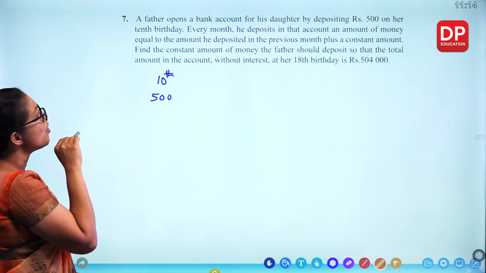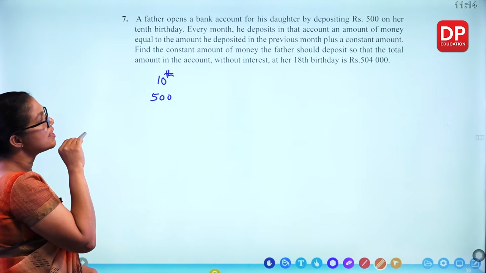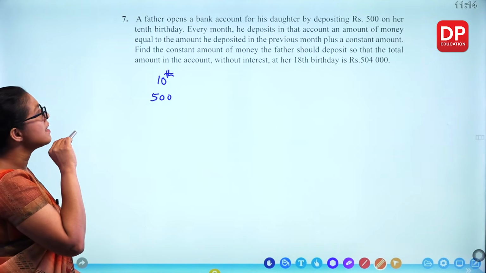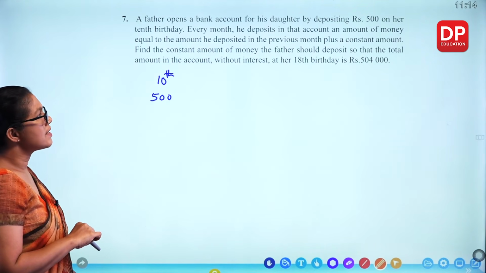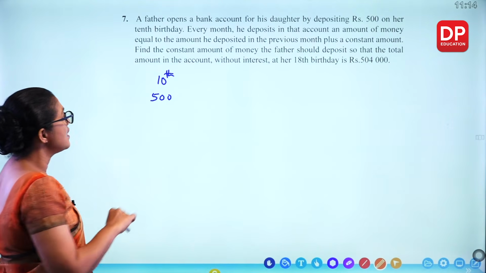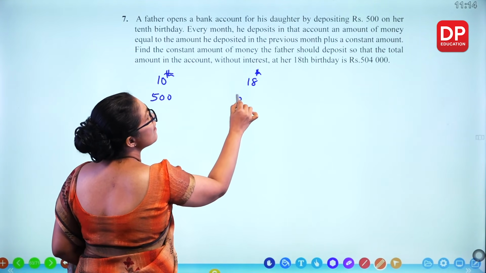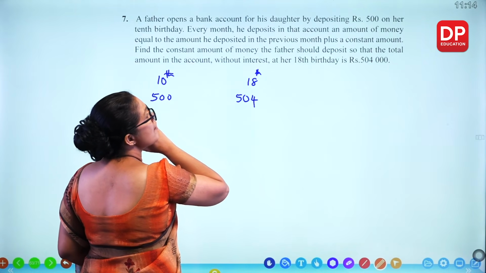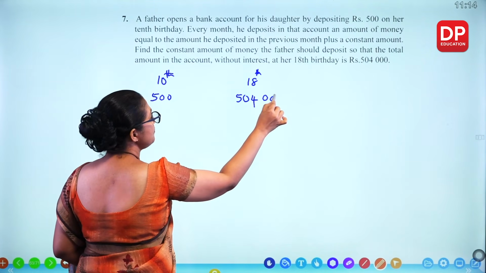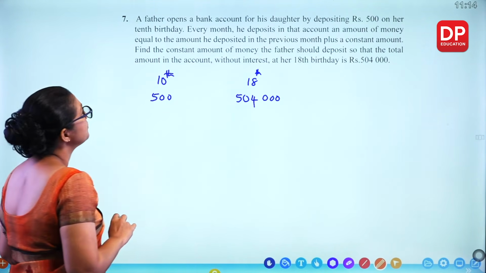Find the constant amount of money the father should deposit so that the total amount in the account without interest at her 18th birthday is 504,000. So you have to show that.